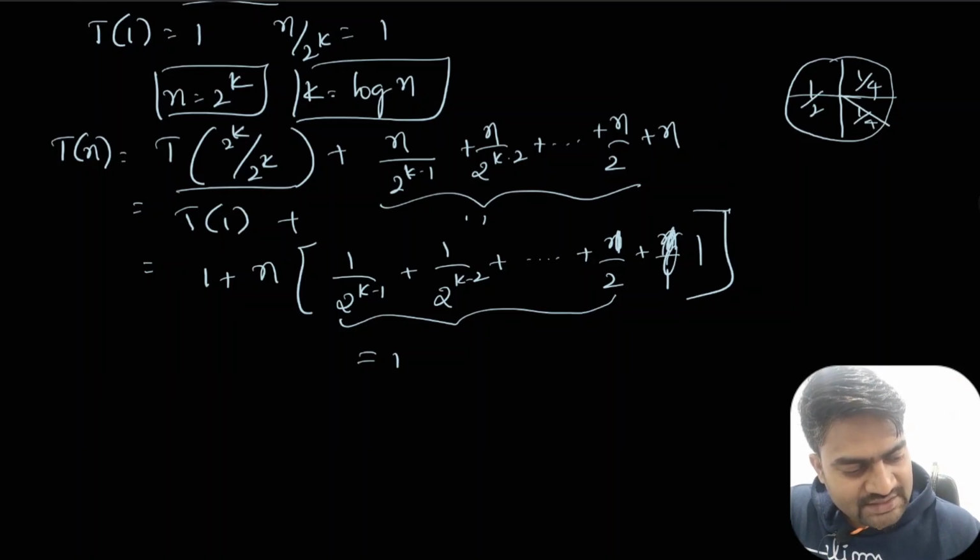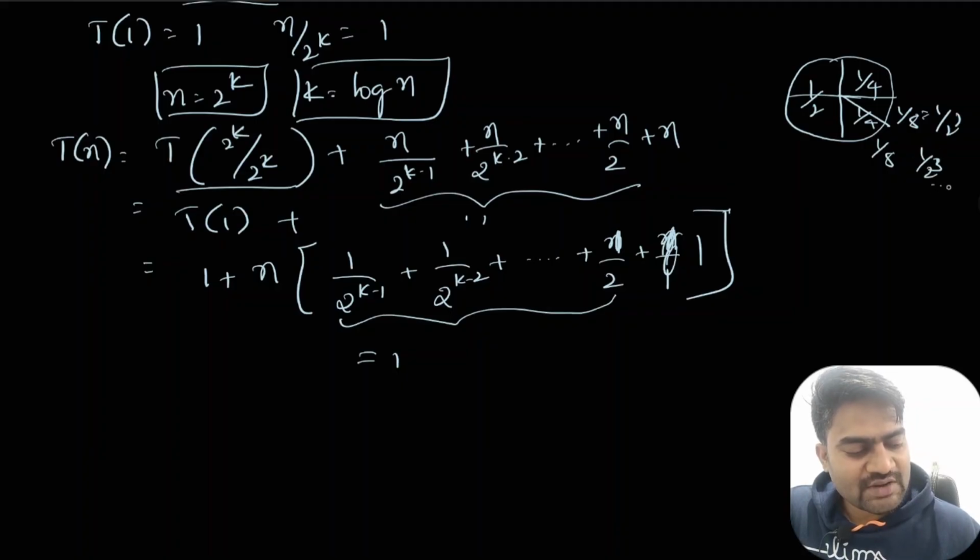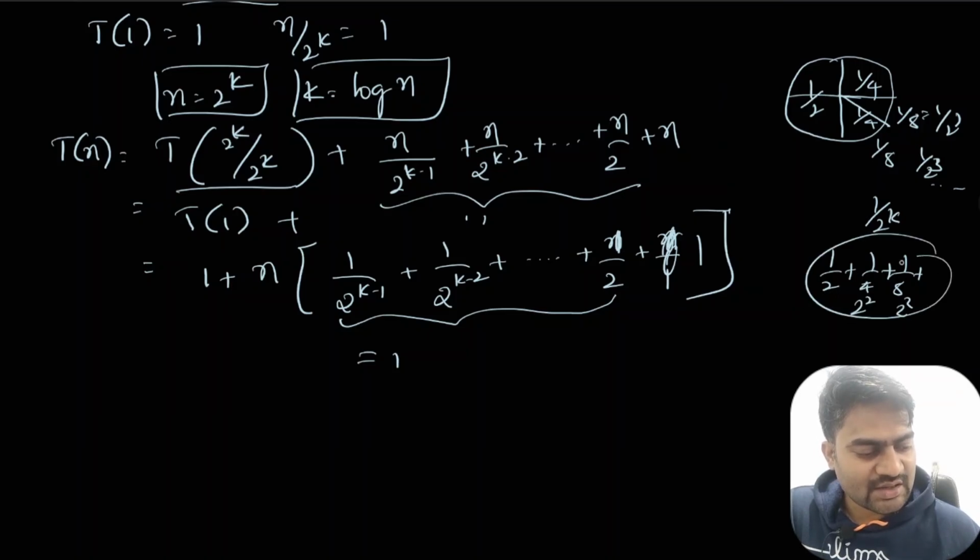Now if I divide this again, it becomes 1/8, which is 1/2 cube. If we keep on dividing, it goes until 1/2^k. So if we add all those, 1/2 plus 1/4 plus 1/8, which is 1/2 square, 1/2 cube, like this, then this entire term will be 1.